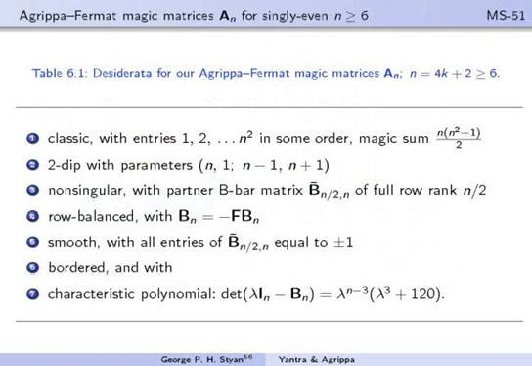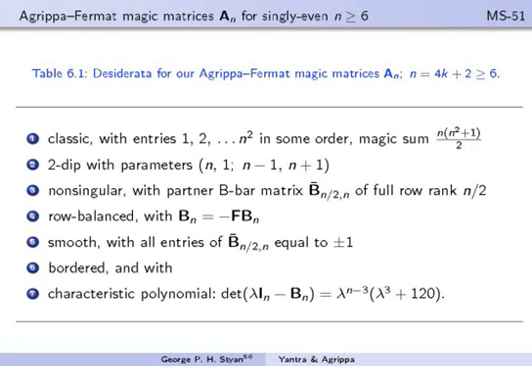In table 6.1, you see the desiderata for our Agrippa-Fermat magic matrices A sub n, with n equal to singly even 4k plus 2, greater than or equal to 6. The first desideratum is that they be classic, with entries 1, 2 up to n squared in some order, magic sum n over 2 times n squared plus 1. 2 dip with parameters n, 1, n in the top left, 1 in the top right corner.